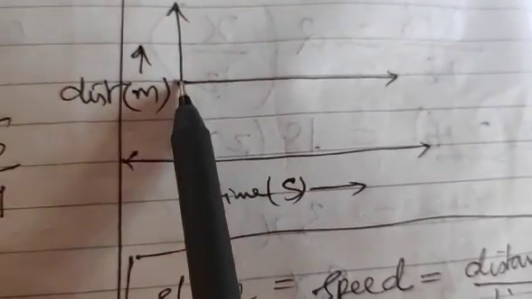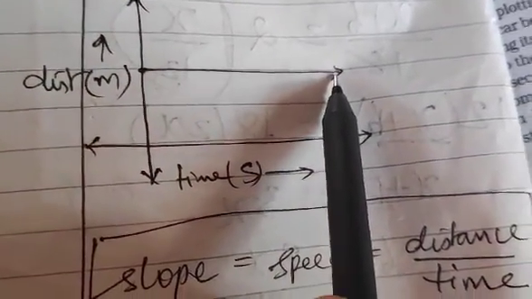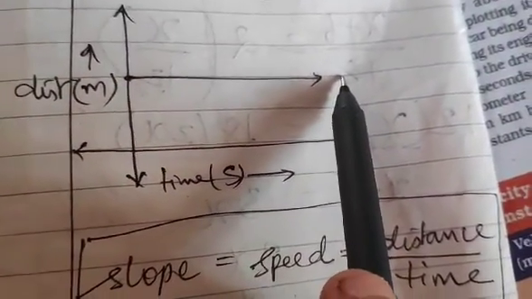What does it mean? Time is running, but the distance is the same. Suppose here it is 10, the distance is 10 only. Time runs, but distance is the same. That means the object is stationary, it is at rest. So if the distance time graph is drawn in this manner, the object is stationary.